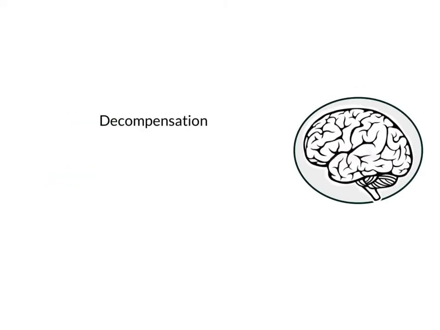Once we start this period of increased intracranial pressure, things are going to start to decompensate quickly. Increasing intracranial pressure puts pressure on the brain tissue. It increases the cerebral perfusion pressure. In order to perfuse the brain with an increased cerebral perfusion pressure, we have to increase the blood pressure.